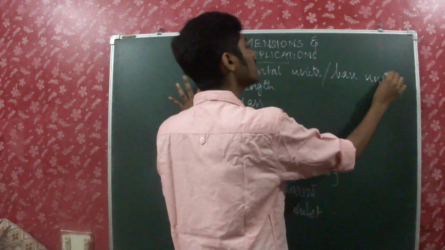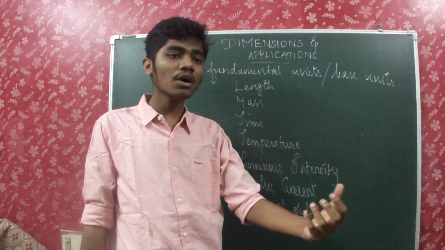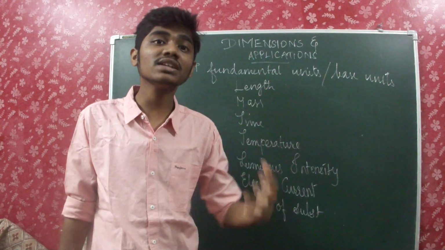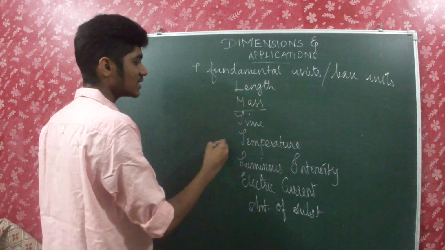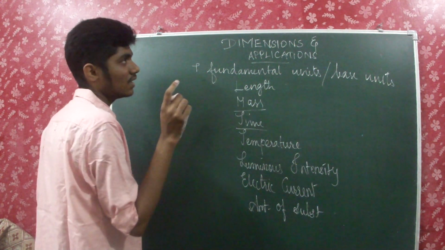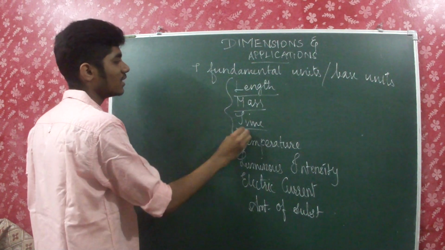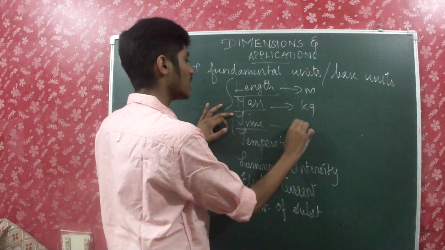So these 7 base units can be used to represent the units of the physical quantities which have derived units. For example, if you put together length, mass and time: length is meter, mass is kg, time is second.